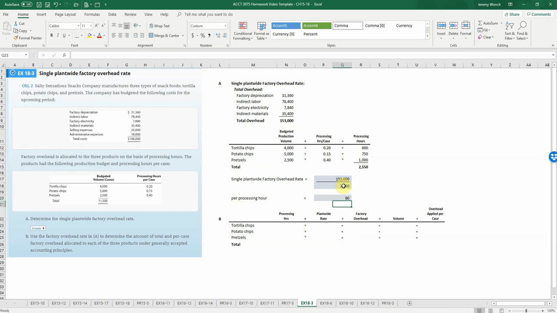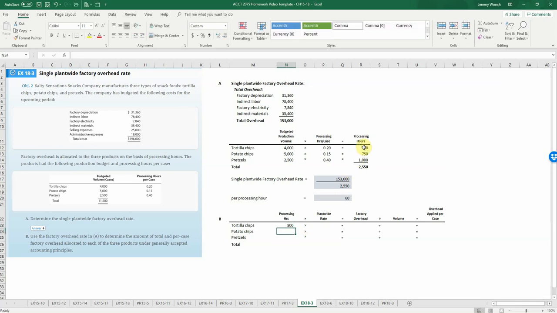Then part B says, okay, we want to use what we just calculated to determine the total per case overhead applied to each case. We know what the per hour cost is. Now we have to figure out what is going to be per case.